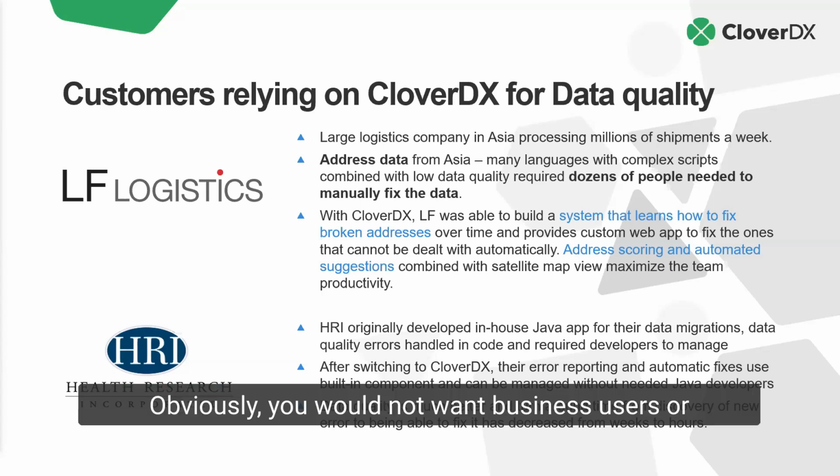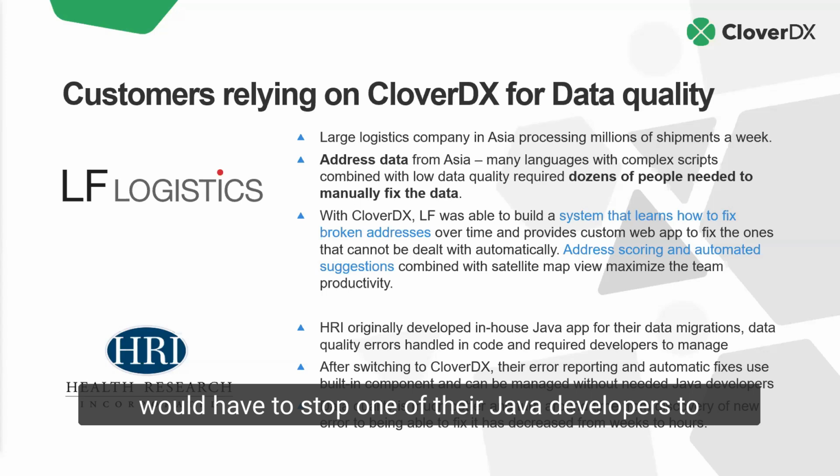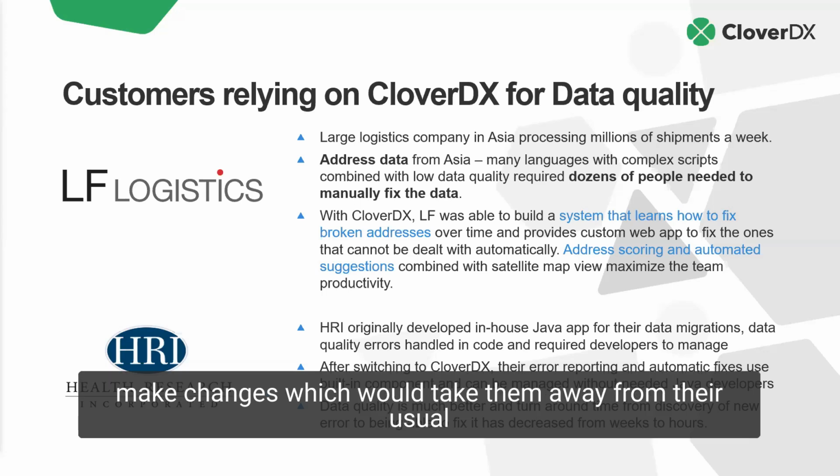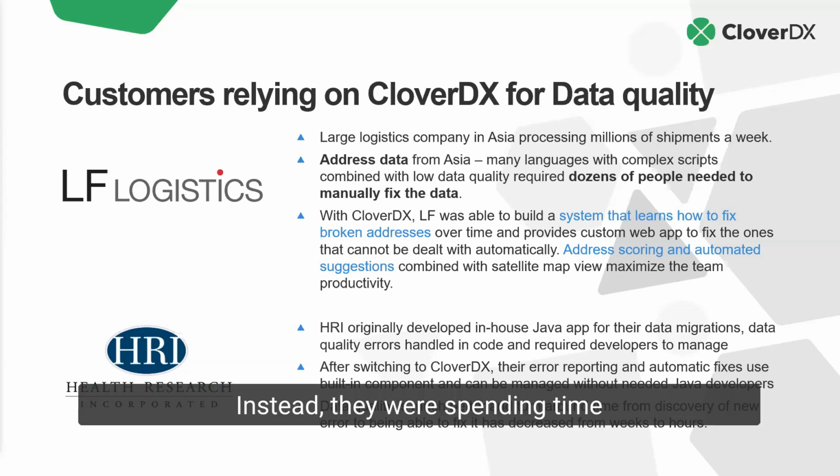Obviously, you would not want business users or non-Java developers even to make changes to code unless they have been trained on it. So whenever they did need to address any issues, they would have to stop one of their Java developers to make changes, which would take them away from their usual functions, right, of adding and improving the platform. Instead, they were spending time fixing errors that popped up.